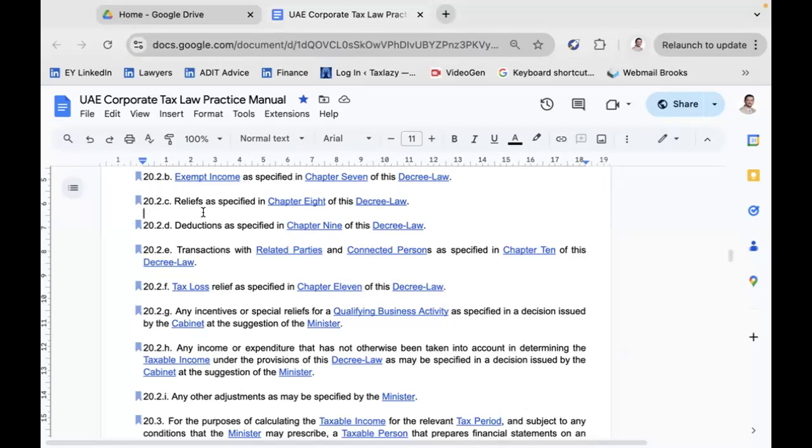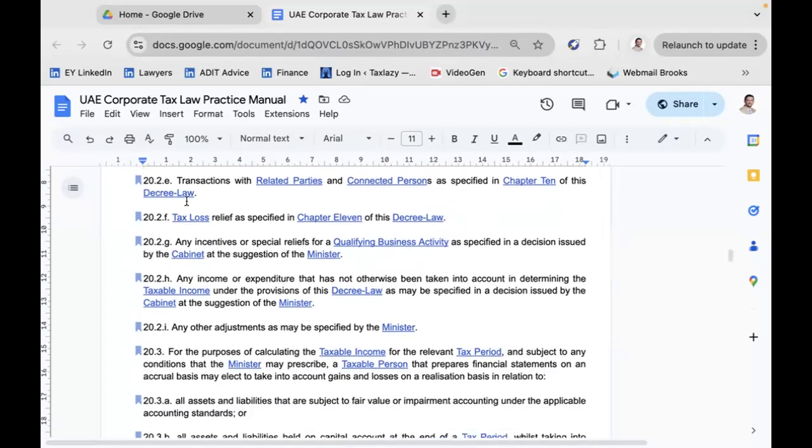So we will remove the effect of the gain from the profit in the adjustment column. Deductions. There may be certain deductions that may be allowed but not reflecting in the income statement, that we can do, or certain deductions we have claimed but they are not allowed. An example is entertainment expense. We are going to come across that later.